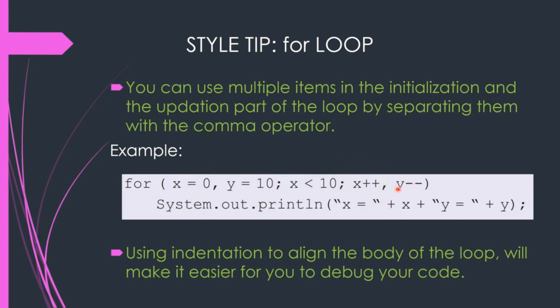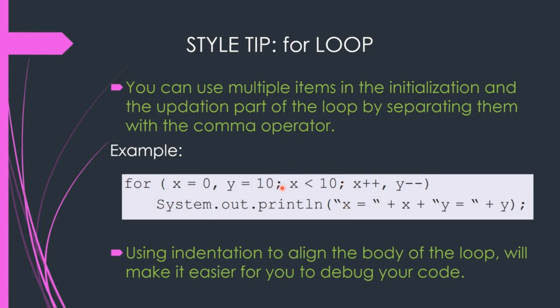So here it is being told that you can also use multiple items in the initialization and the updation part of the loop. How? We have to separate them by comma operator. Till now, we were separating these three parts by semicolon. As we just discussed, these semicolons are used to separate these three values.